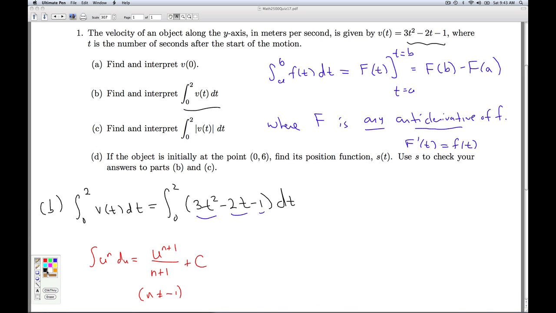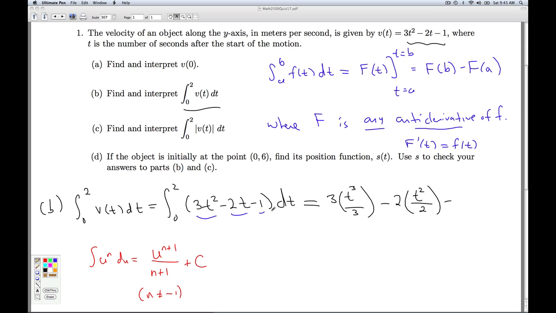Alright, so with those two facts, the integral of 3t squared: the 3 is a constant, and the constant multiple rule says that goes along for the ride. So it's just 3 times t to the 2 plus 1, 3, over 2 plus 1, 3, minus 2 times, that's t to the first, t to the 1 plus 1 is t squared over 2, minus an antiderivative of 1.